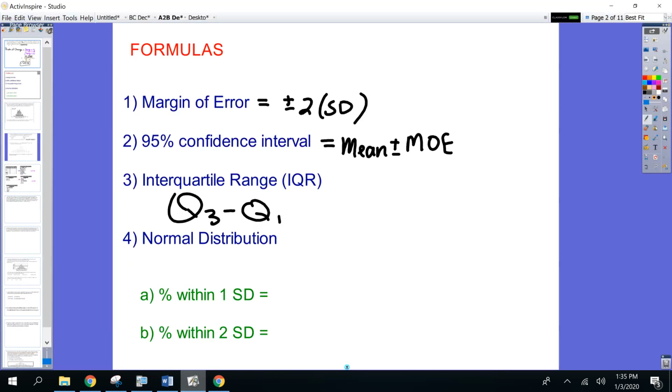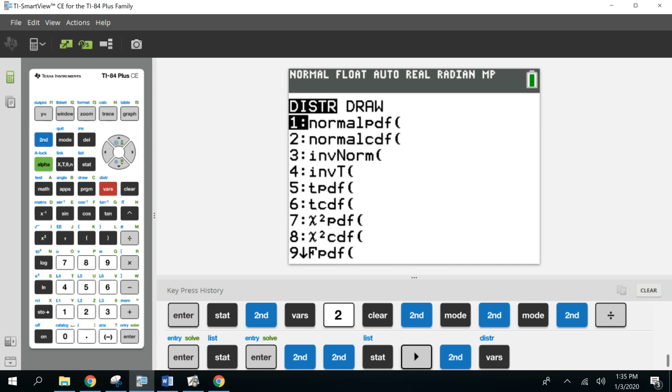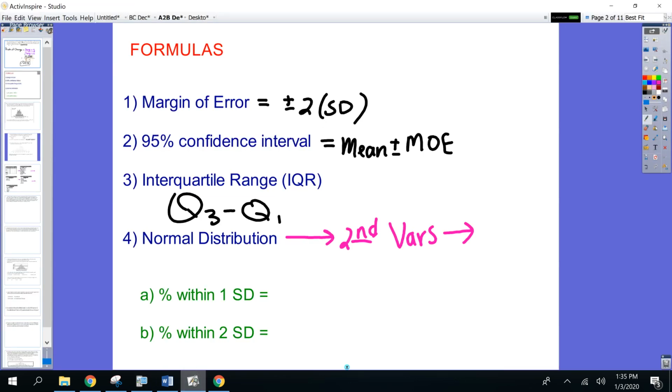Normal distribution. Anybody know where I go? If I see normal distribution in the problem, where do I go on the calc? Second, vars. Which selection do I pick on second vars? Here you go, second vars. Normal CDF. Yep, choice 2. Good, good.